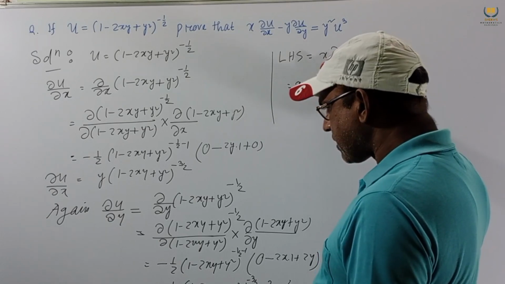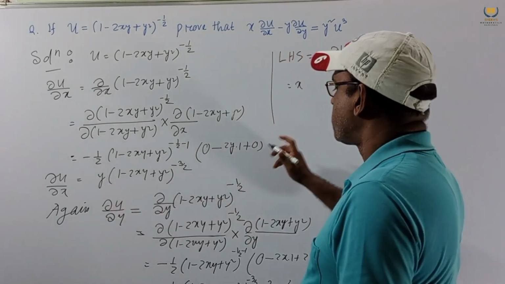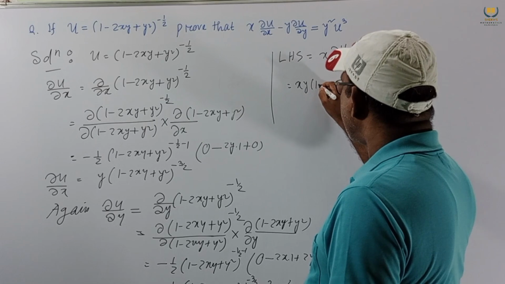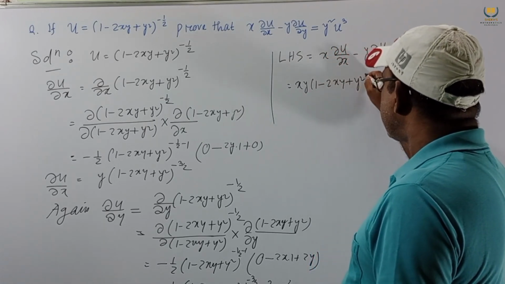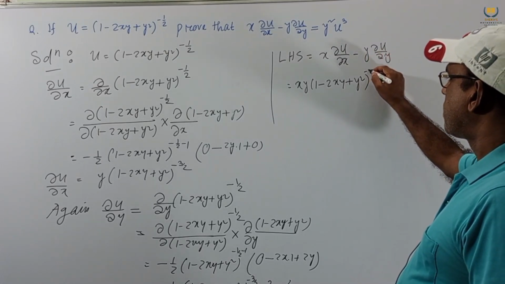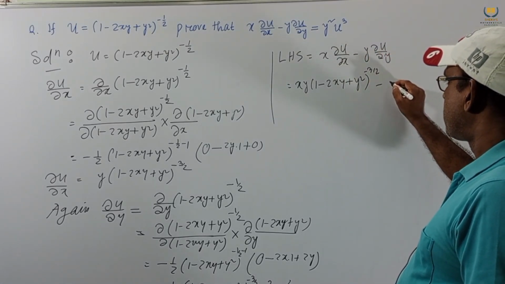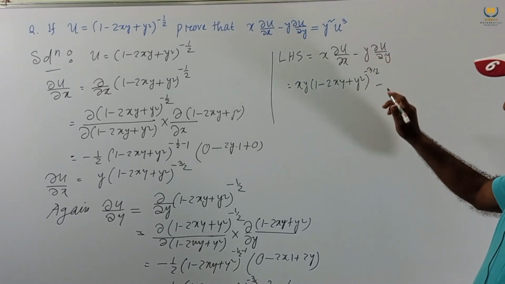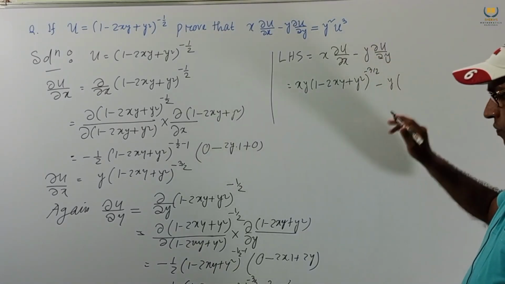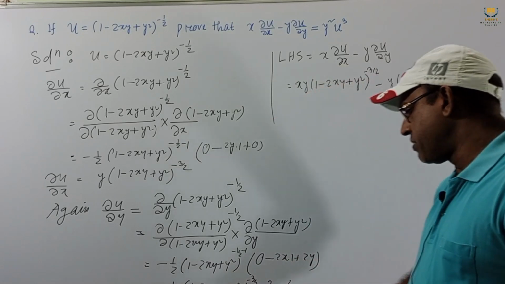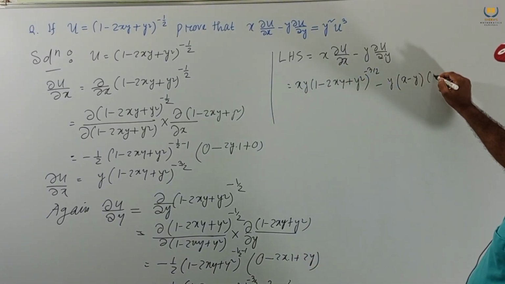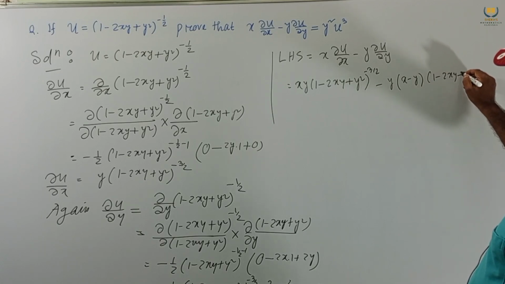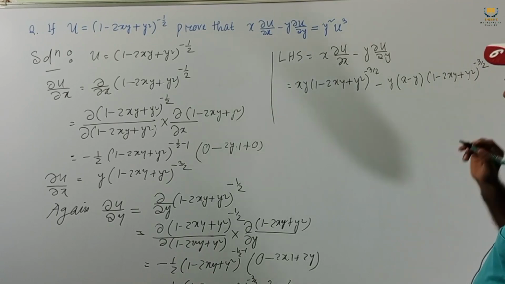x into del u del x, we know this one: xy into (1 minus 2xy plus y square) whole to the power minus 3 by 2, minus y into del u del y, which means x minus y into (1 minus 2xy plus y square) whole to the power minus 3 by 2.